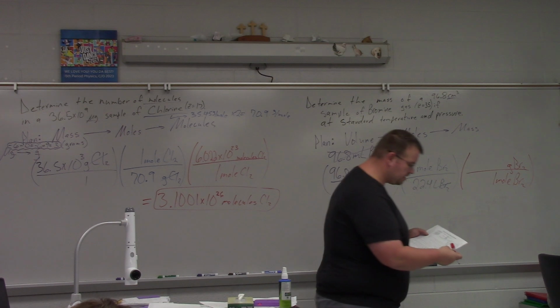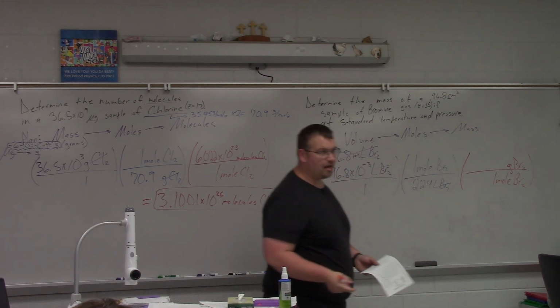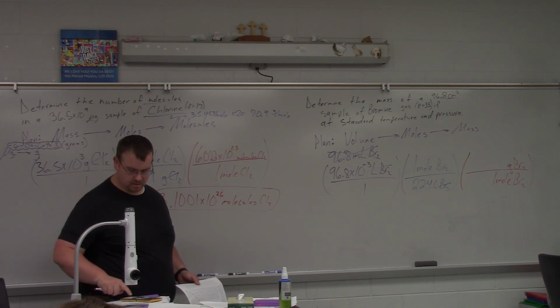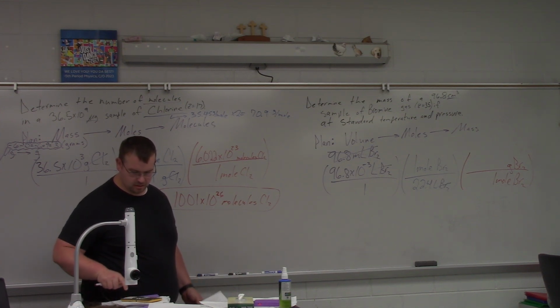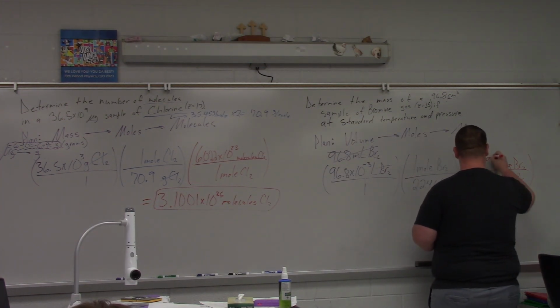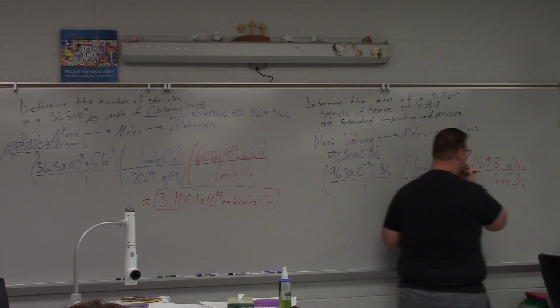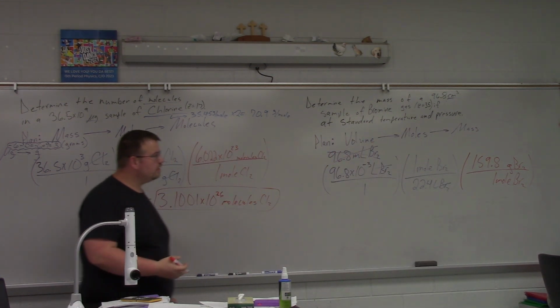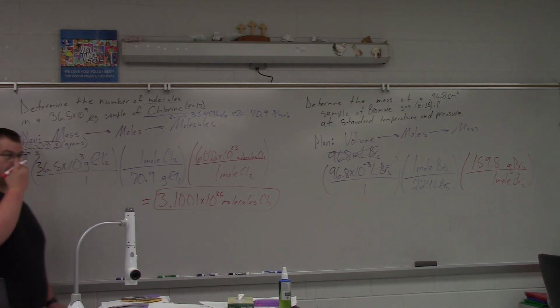So you cannot just straight up do 79.90. That's for 1. The molecular mass for bromine, because it's bonded to itself, so it's a molecule, is 159.8.